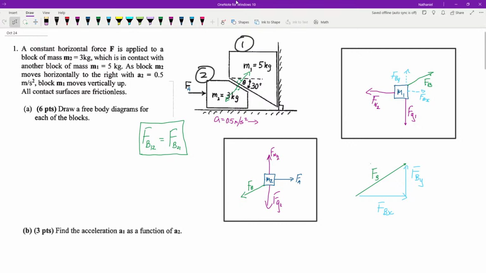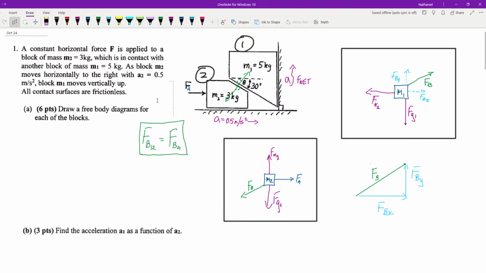Block M1 moves up vertically. So the acceleration is in this direction, which means Fnet is also in that direction on M1. And for M2, Fnet and A should be to the right. And all contact surfaces are frictionless, so that answers that question. So we're ready for it.